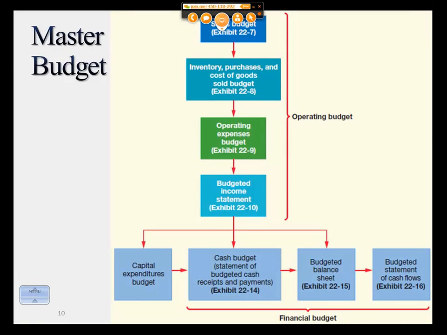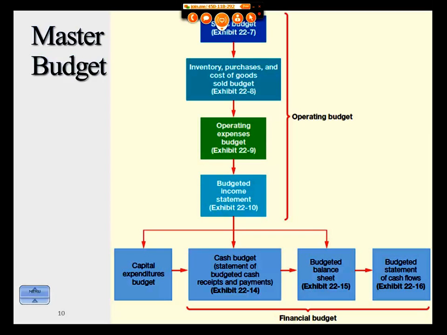All right, so here is the one. So let's look again. Our operating budget. Okay, on the very top, it's your sales budget. Then we have inventory purchases and cost of goods sold, operating expenses, and your budgeted income statement. All right?